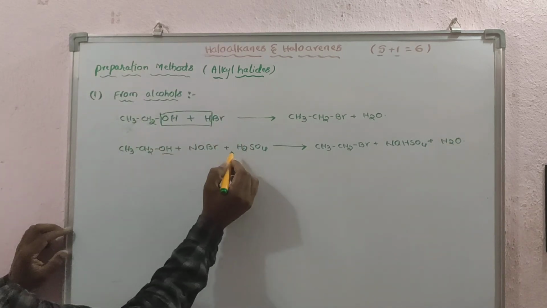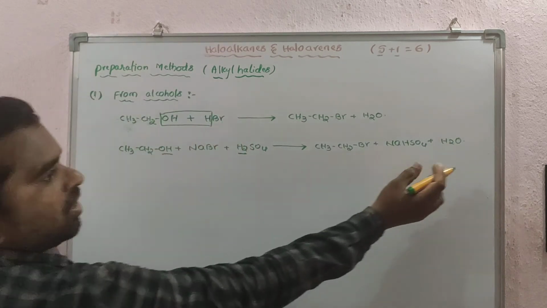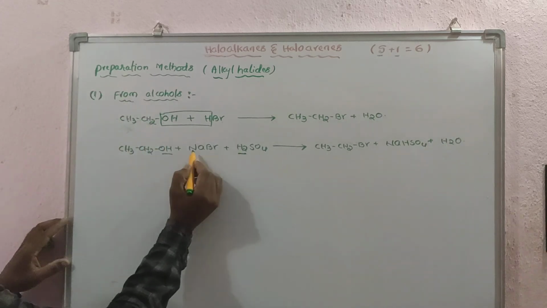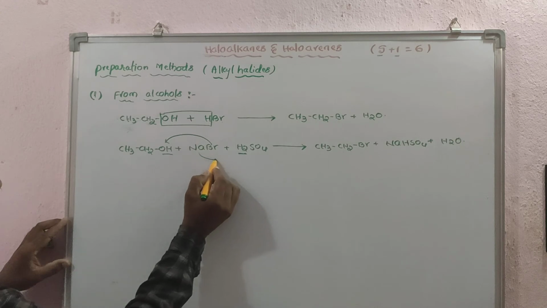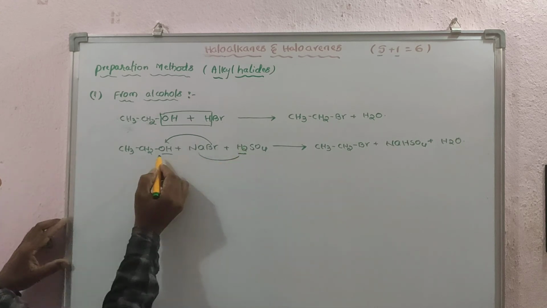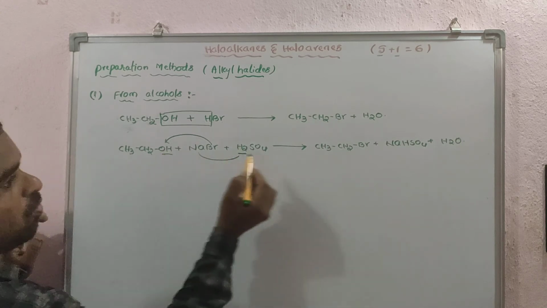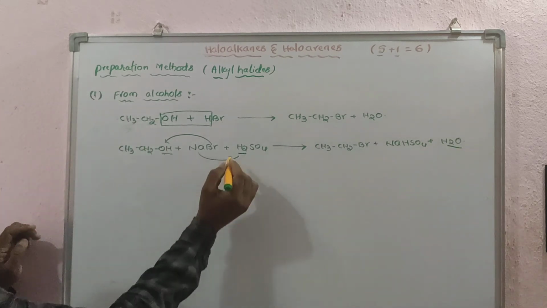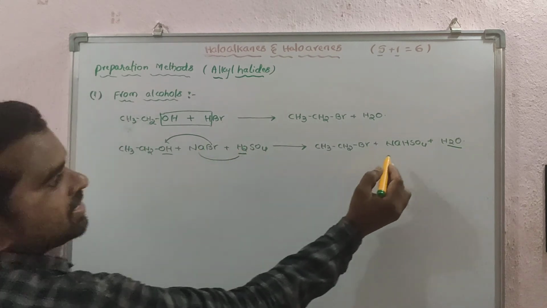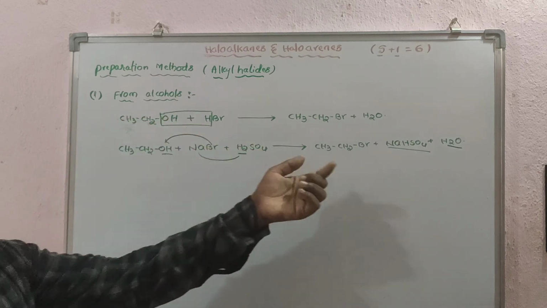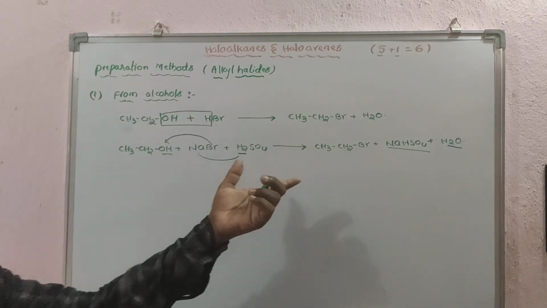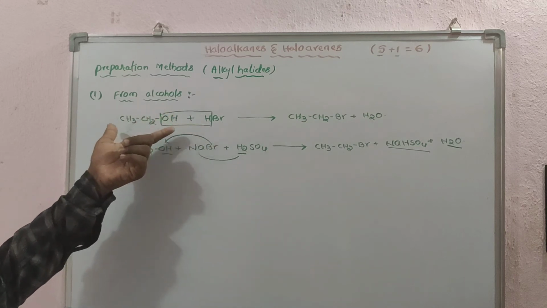Simple. OH and H are removed as water, bromine is added, and Na is added with the sulfate, so NaHSO4. This is how to prepare alkyl bromides from alcohol.